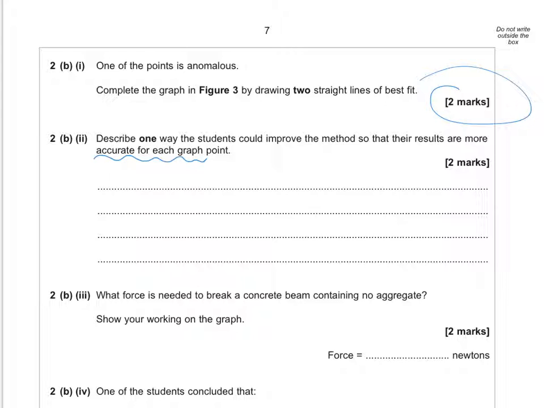Now what you've got to do for this one is you've got to say that that student needs to repeat the experiment for each mass, so essentially doing it 3 times like we always do experiments. So 1 mark for saying repeat the experiment at each mass of aggregate.